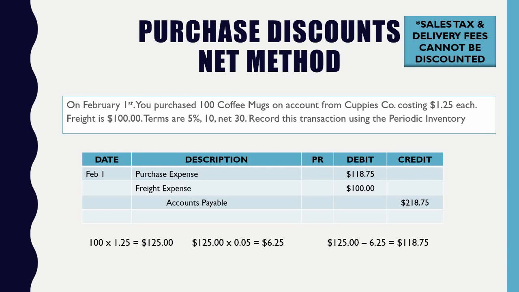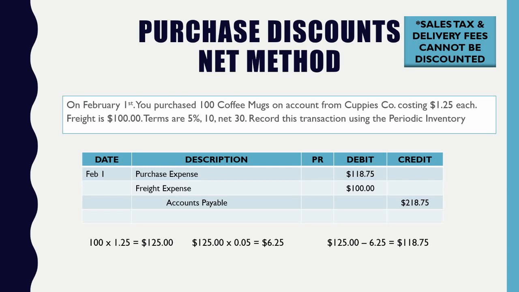So in this grand total, because the purchase price is discounted by $6.25 each, I owe this company $218.75, as opposed to earlier, the gross method, when we recorded it at regular price, it was $225. So in this case, I've already taken out the discount.